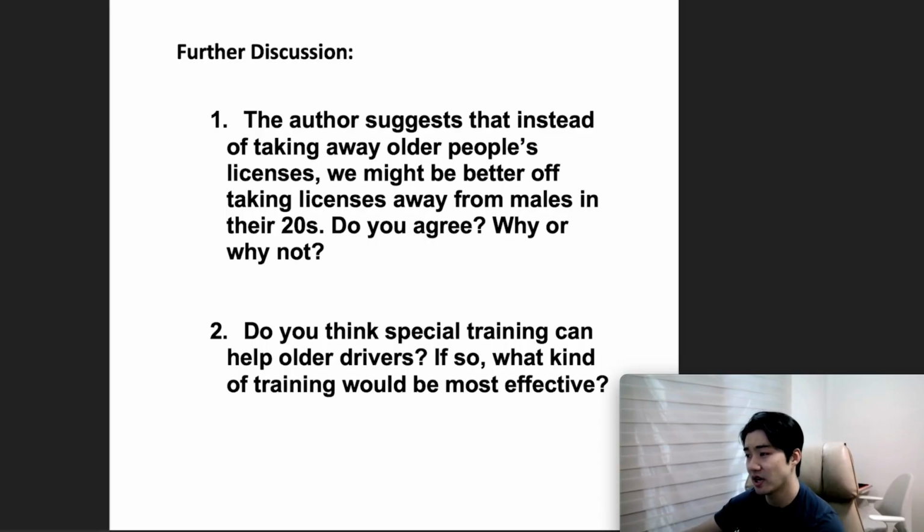Do you think special training can help older drivers? If so, what kind of training would be effective? 특별한 훈련이 나이든 운전자들에게 도움이 될 수 있다고 생각하나요? 그렇다면 어떤 종류의 훈련이 가장 효과적일까요?